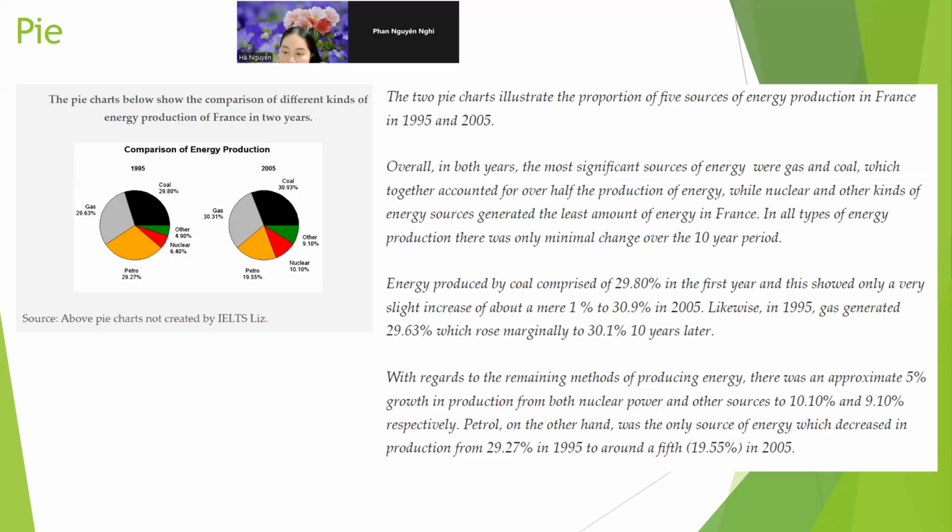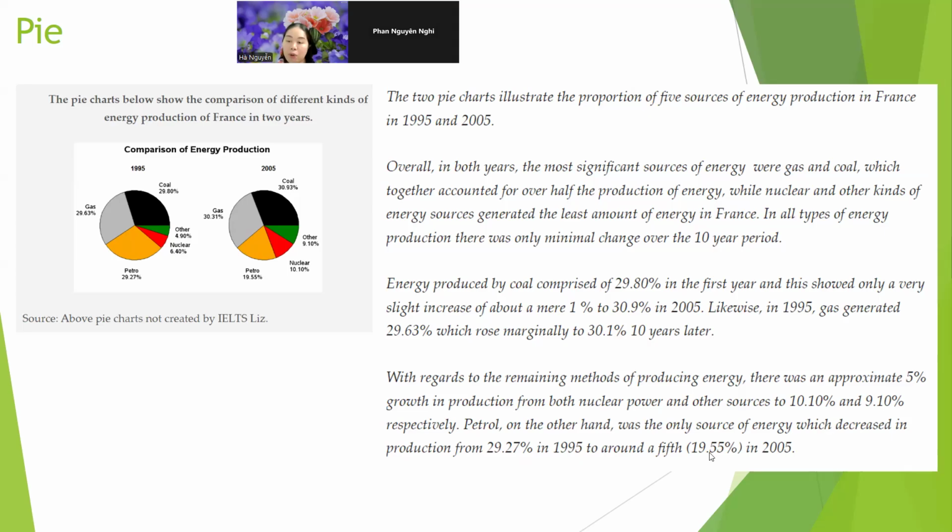specific numbers. However, at the end of the paragraph, instead of specific numbers, the teacher gave a fraction. So petrol, on the other hand, was the only source of energy which decreased in production from 29.27 in 1995 to around a fifth in 2005.